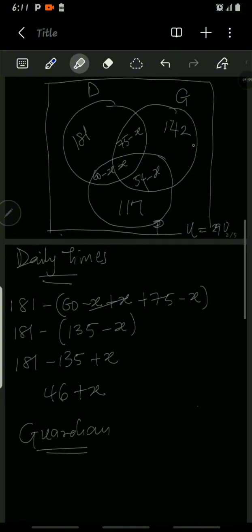Now the second one is for the Guardian. For the Guardian, the same thing. I'm going to add all of this and subtract from 142.